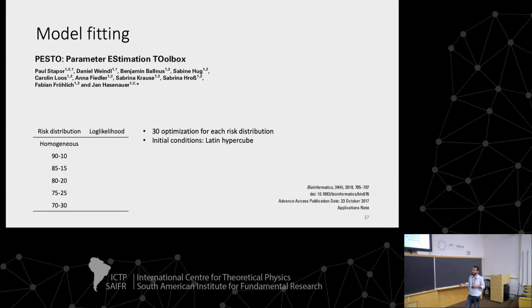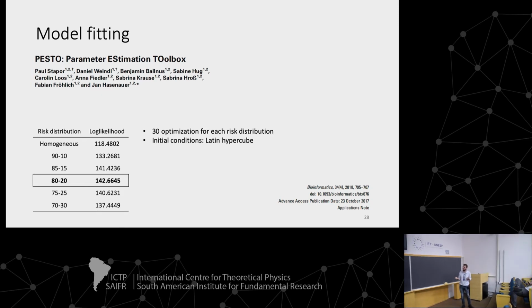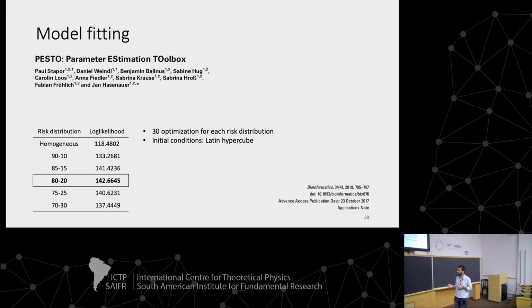Based on that first paper I showed you, talking about this 20-80 rule, we consider different proportions of individuals in the high-risk group. And then we saw that after optimizing our model for different risk distributions, we found this 20-80 rule as well here, like 20% of people are under high risk and 80% of the people are under low risk. This gave us the best log likelihood.